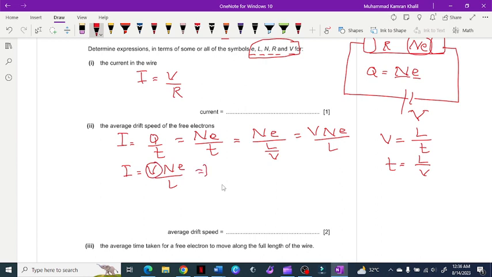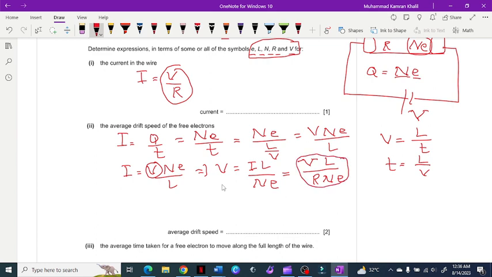So v equals I L over N e. Now for I we have already V over R. So v equals V L over R N e. This is the expression which is required to derive.